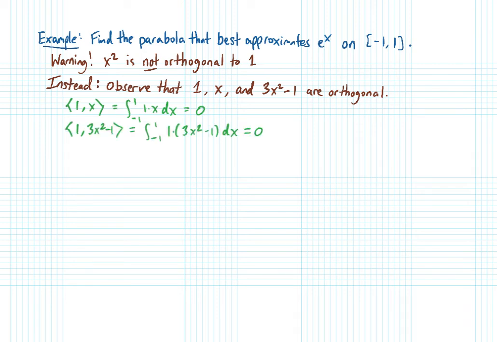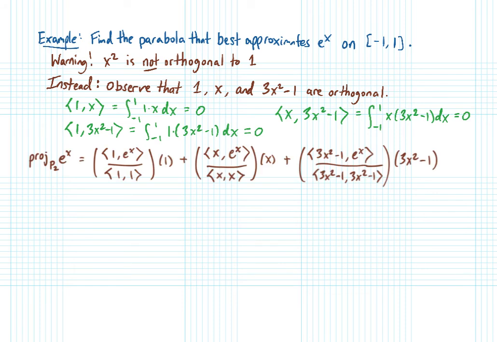Similarly, the inner product of 1 with 3x squared minus 1 is the integral from -1 to 1 of 1 times 3x squared minus 1. And when you calculate that integral, you'll get 0. And then finally, you need to look at the inner product of x with 3x squared minus 1. And when you compute that integral, you also get 0. And so these three calculations together tell us that 1, x, and 3x squared minus 1 are orthogonal.